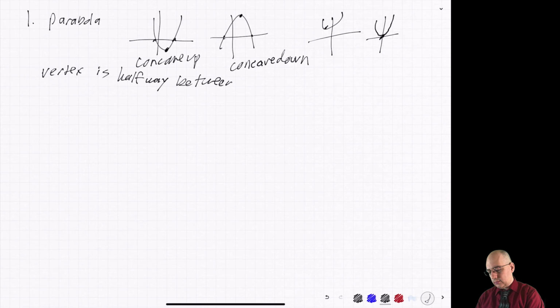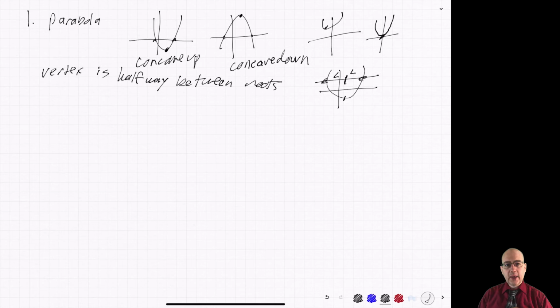roots, or really, if you draw any line, these things always halfway between any two points where the parabola intersects any horizontal line.